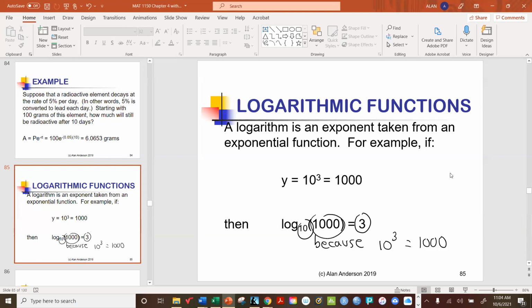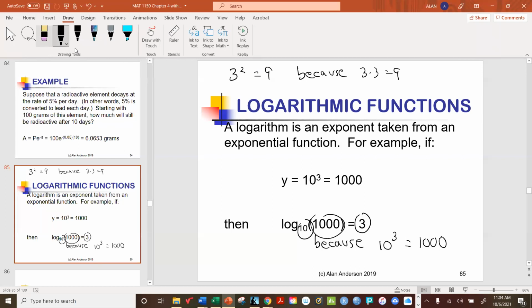Just like when you say that 3 squared is 9. I'm not sure if it's the same thing, maybe that's not the best example. The idea here is that you're essentially rearranging this equation.